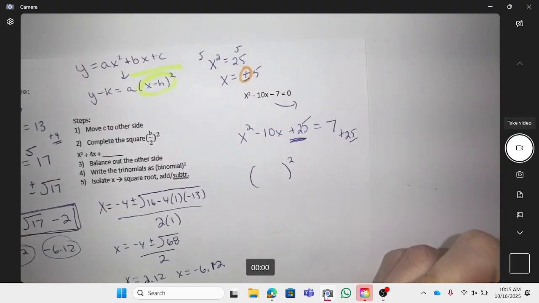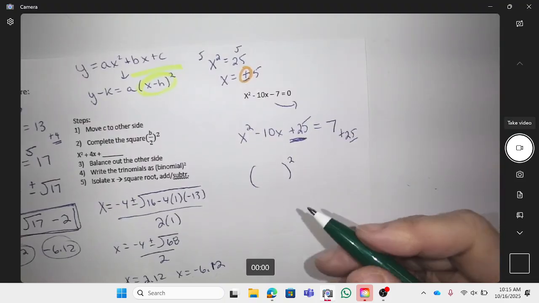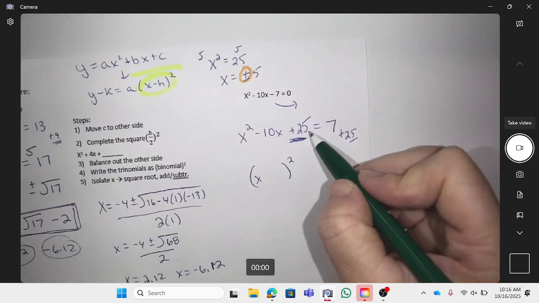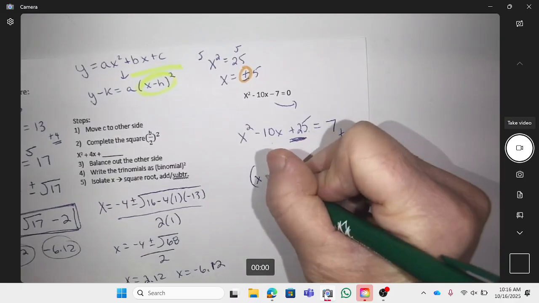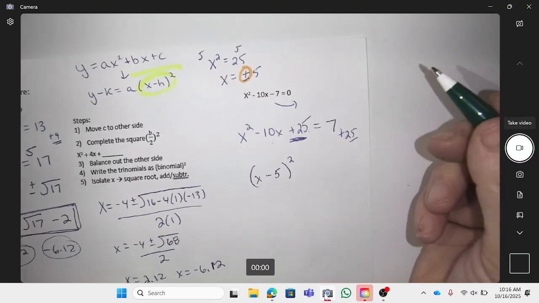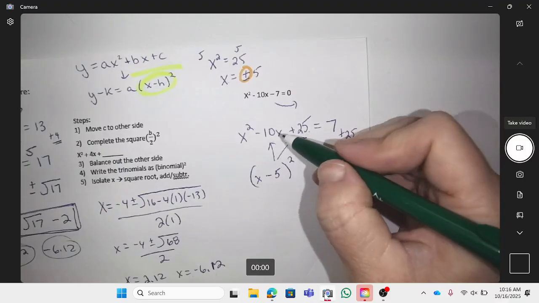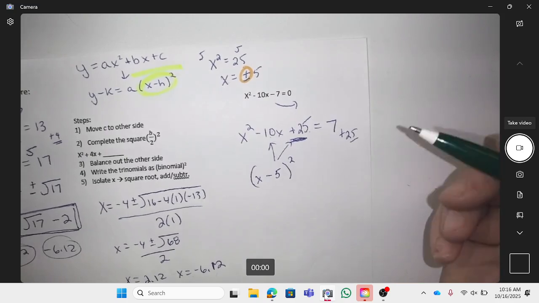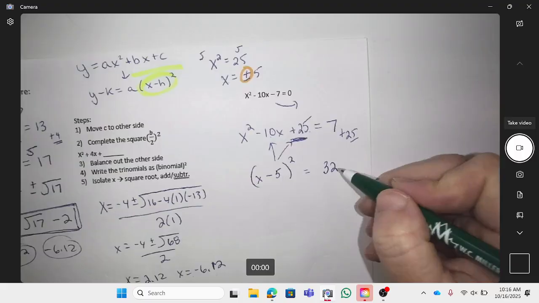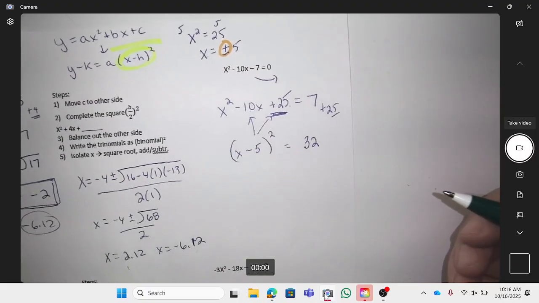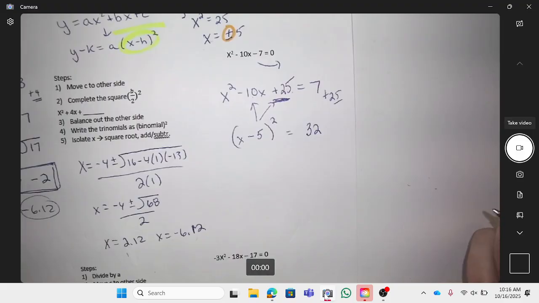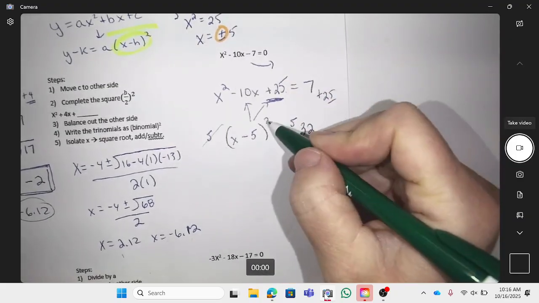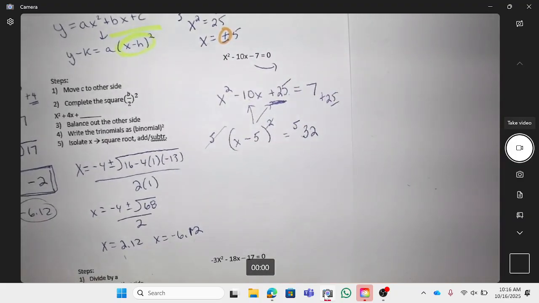What do you FOIL to get that trinomial? So what is going to multiply to that and add to that? When it multiplies to that and adds to that, it will do double and it'll do square. Next, you're going to square root both sides so that you can get rid of the squared.